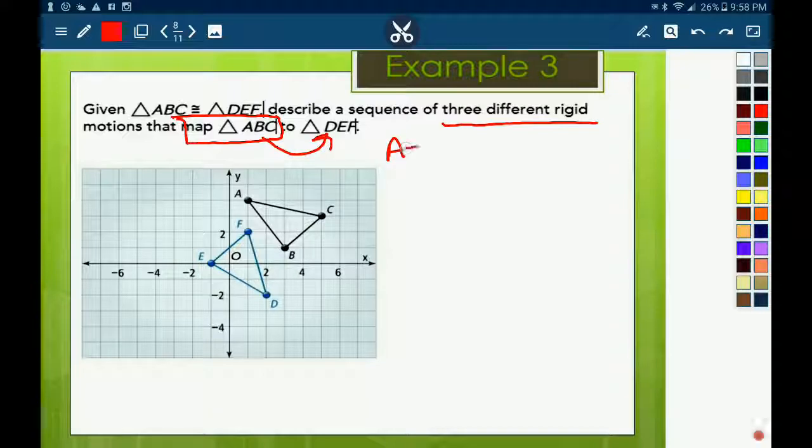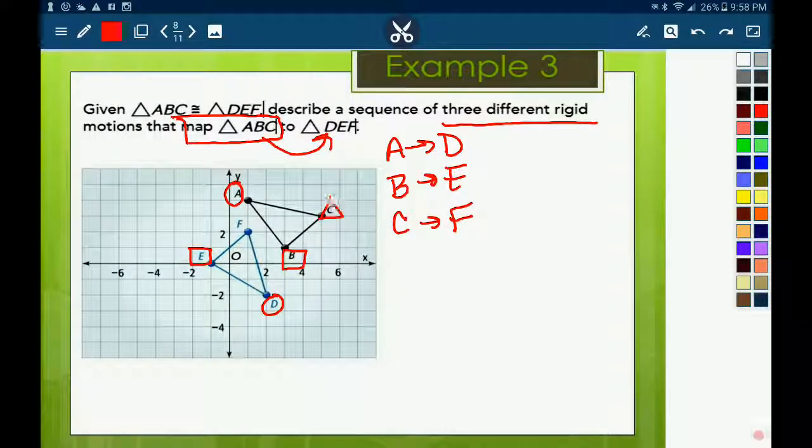So A is going to map to D, B is going to map to E, and C is going to map to F. So I'm going to make some markings again, just like I did last time. A goes to D, B goes to E, and C goes to F.